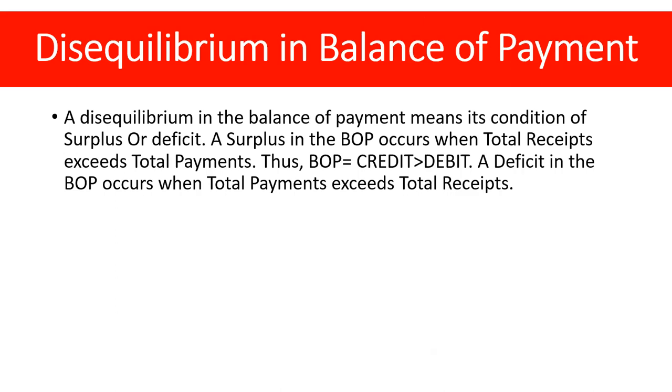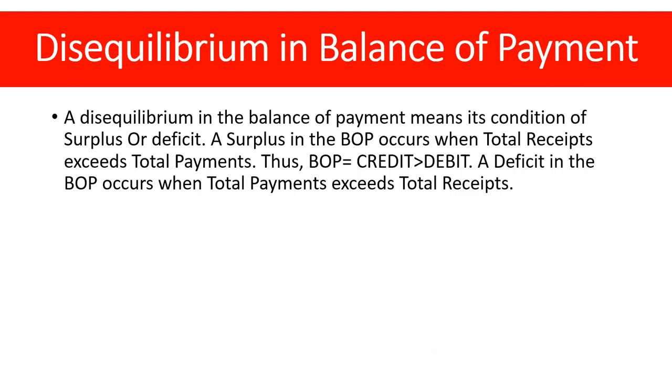So let it be. Disequilibrium in the balance of payment means a condition of a surplus or deficit. A surplus in the BOP occurs when the total receipts exceed the total payments. When the receipts are more, there will be surplus. A deficit in the BOP occurs when the total payments exceed the total receipts.